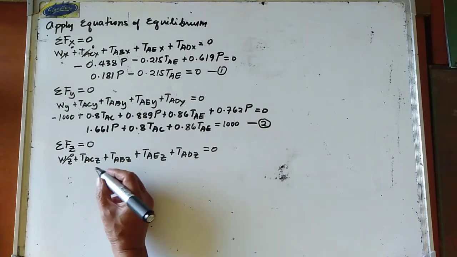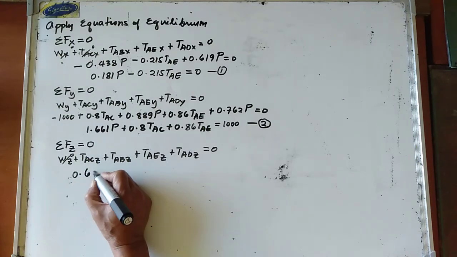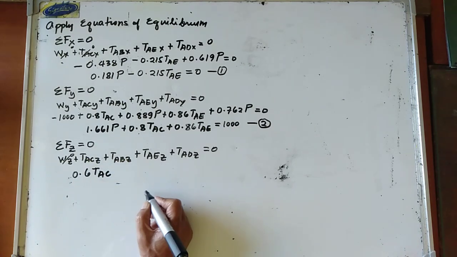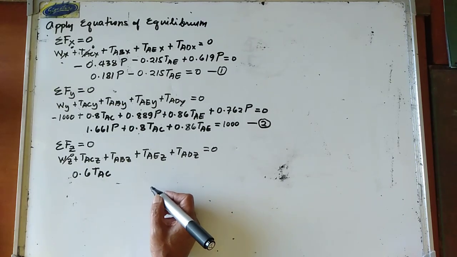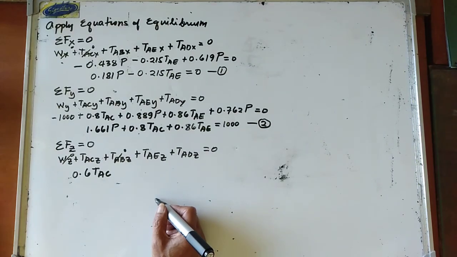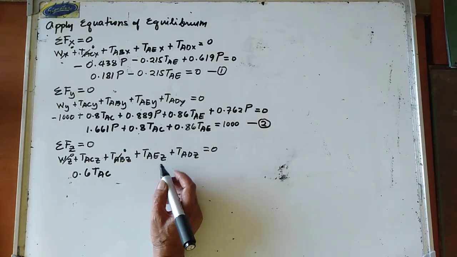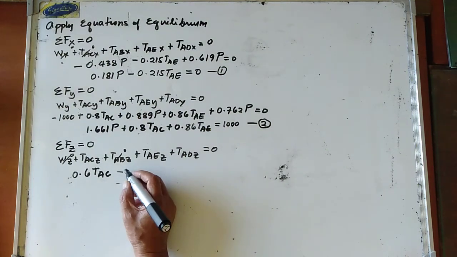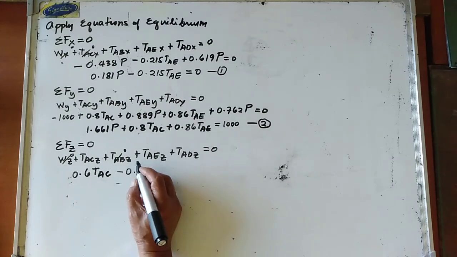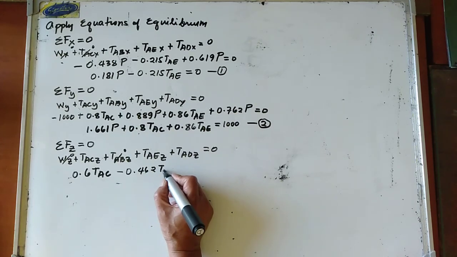TACZ is 0.6 TAC. TABZ, that one is equal to 0. And then TAEZ is negative 0.462 TAE.